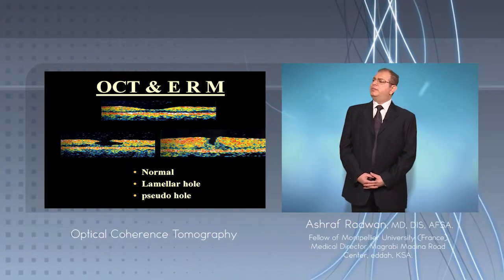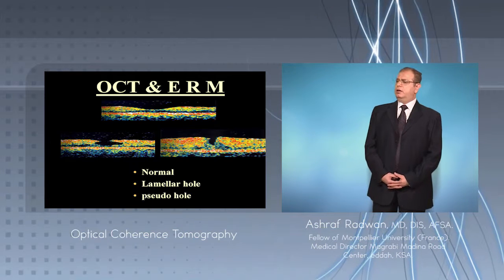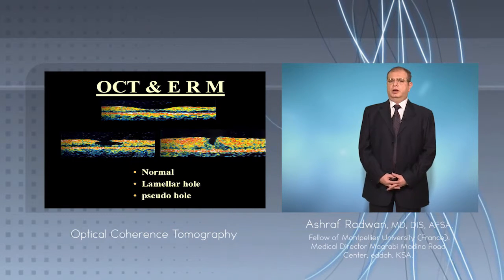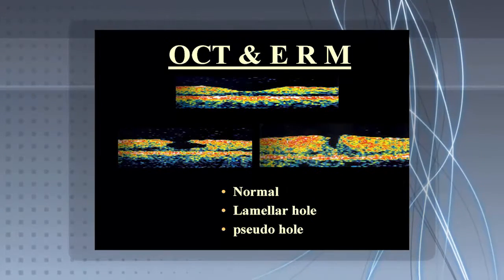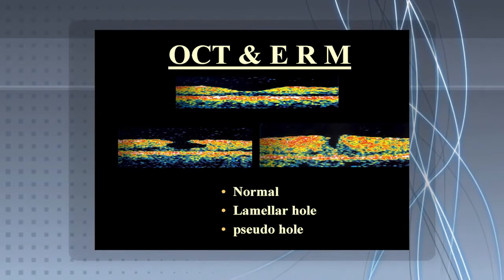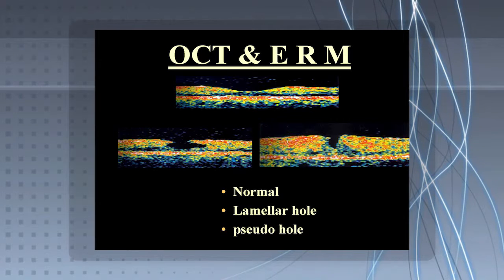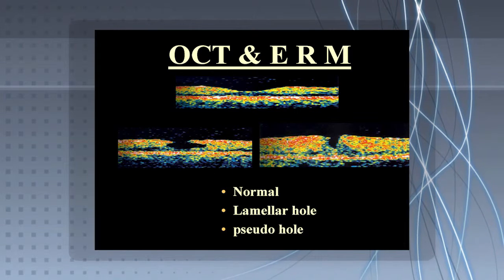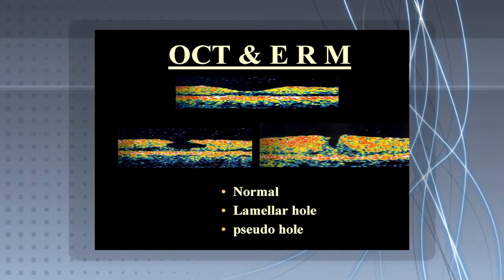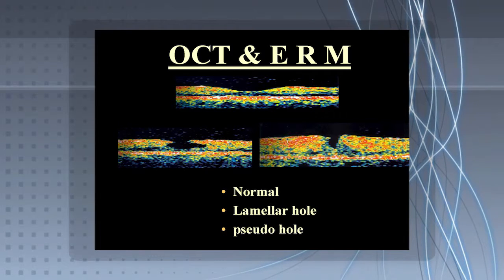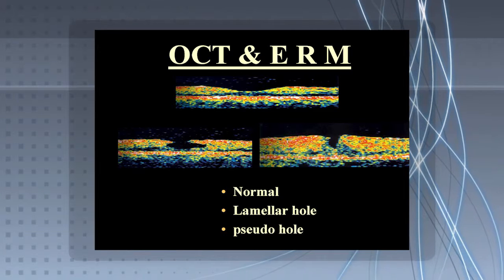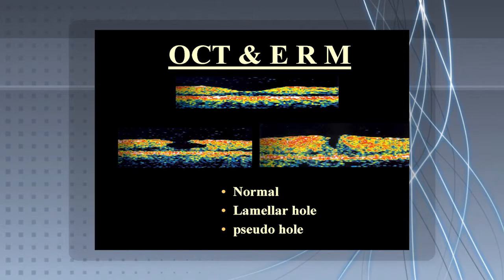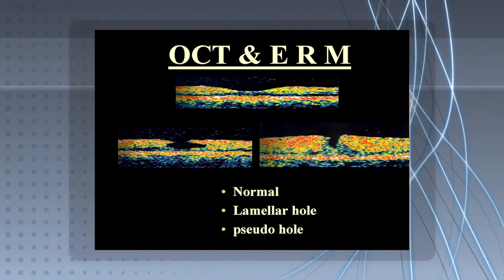The first image up, as you see it, is a normal macular cut of the OCT, while the inferior one on the left is a lamellar hole, compared to a pseudohole with an increase in thickness of the macular area, verticalization of the border, and the presence of the photoreceptors over the retinal pigment epithelium just below the hole itself. So it's a pseudohole.